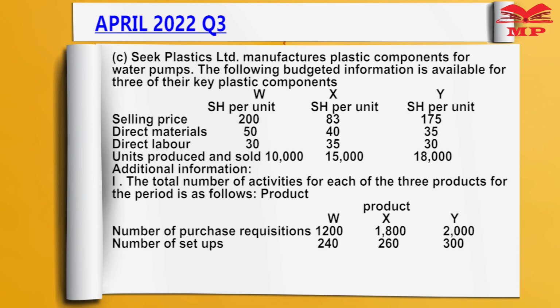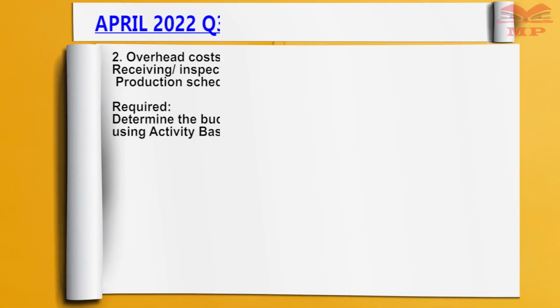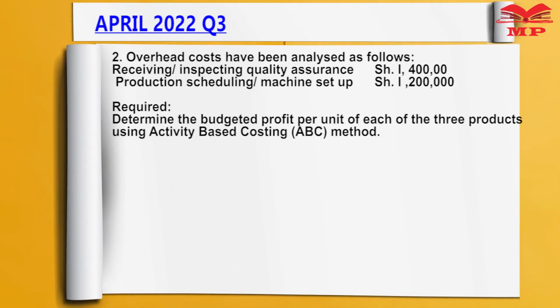We have product W, X, and Y, number of purchase requisitions, and then we have number of setups. Then note 2, overhead costs have been analyzed as follows. Receiving, inspecting, quality assurance, the amount is given. Production scheduling and machine setup is also given. Then required, determine the budgeted profit per unit of each of the 3 products using activity-based costing or the ABC method.